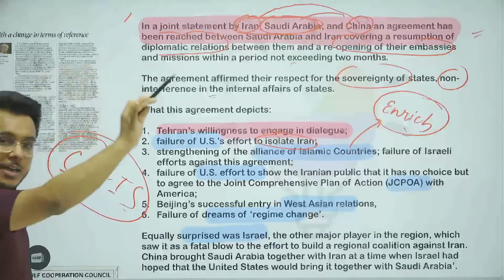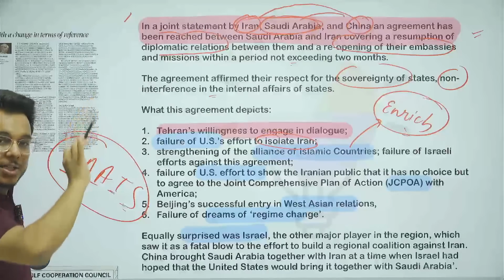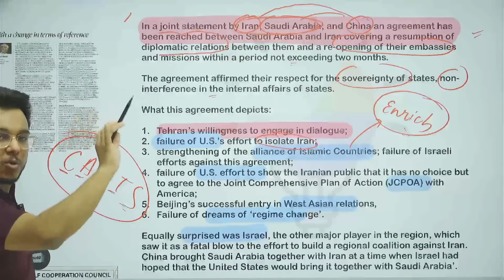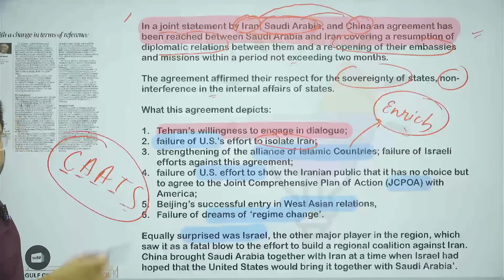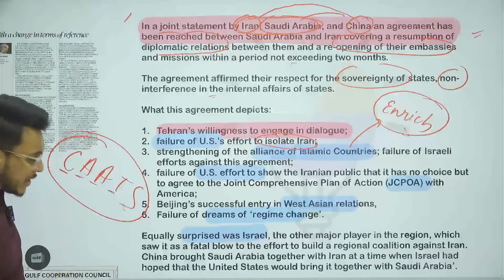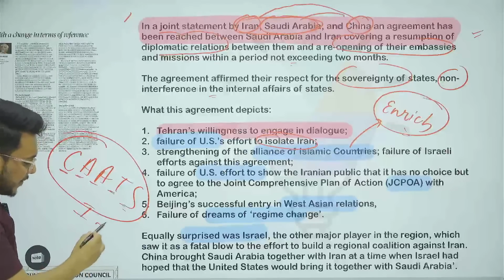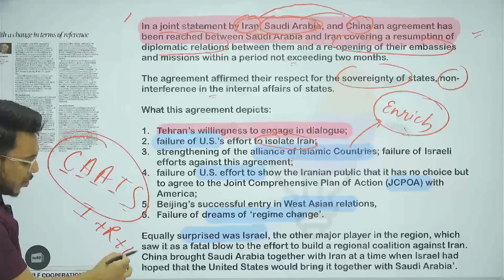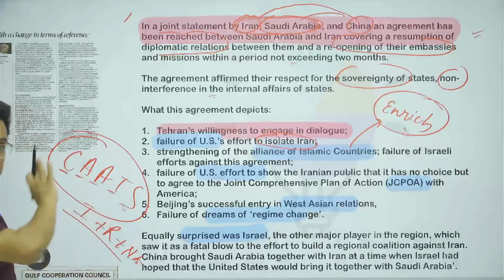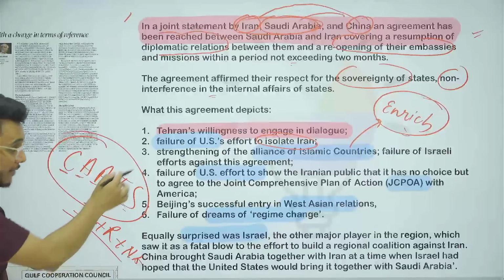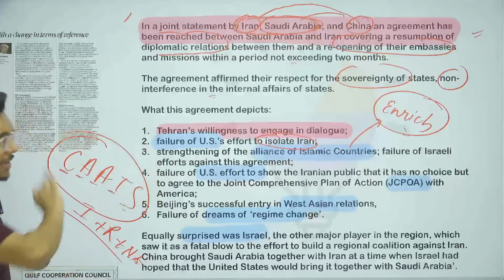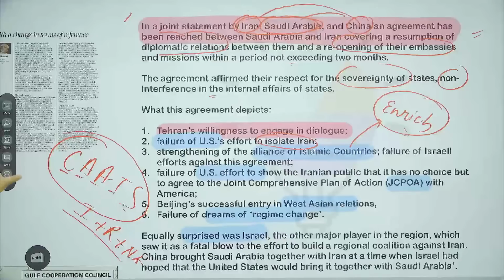And if any third country makes relations with an adversary, then the USA will impose sanctions on that country. And who are the adversaries under the CAATSA Act? Iran is an adversary, Russia is an adversary, North Korea is an adversary. So even under the CAATSA Act, Iran is considered an enemy of the US.